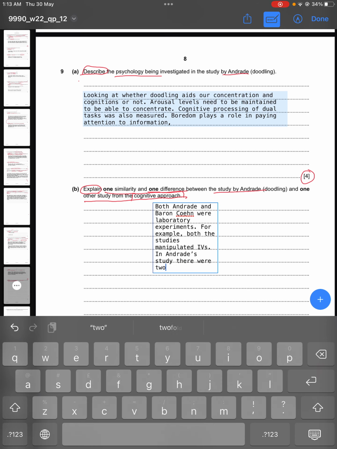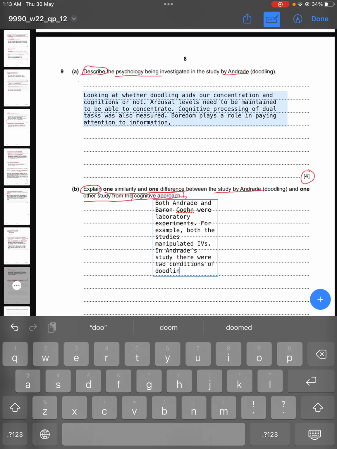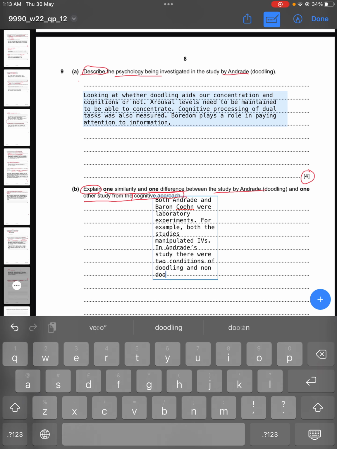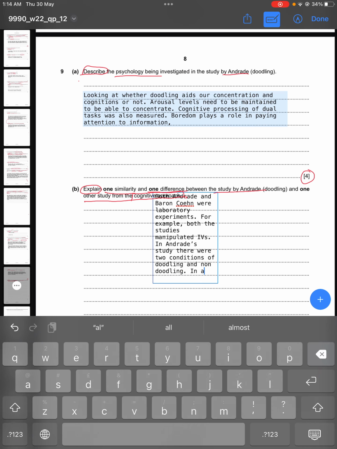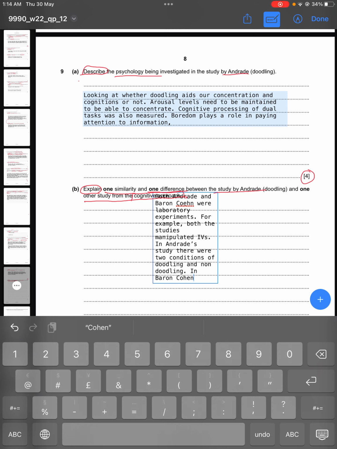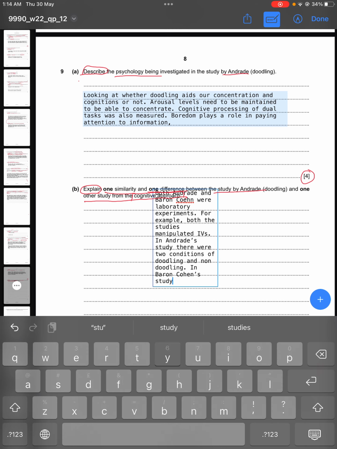there were 2 conditions of doodling and non-doodling, and in Baron-Cohen's study, there were 4 groups, but the conditions were 2.